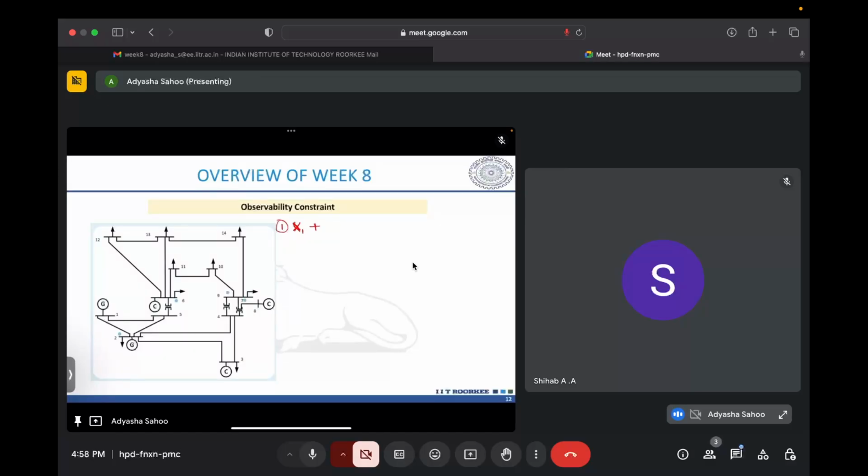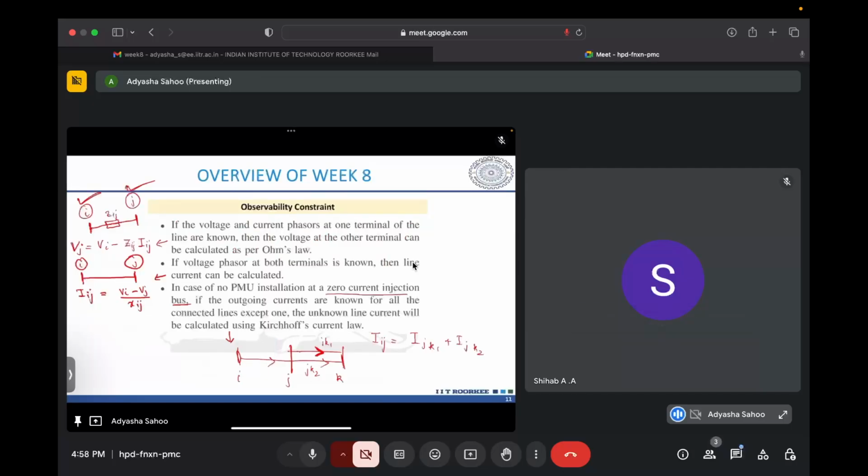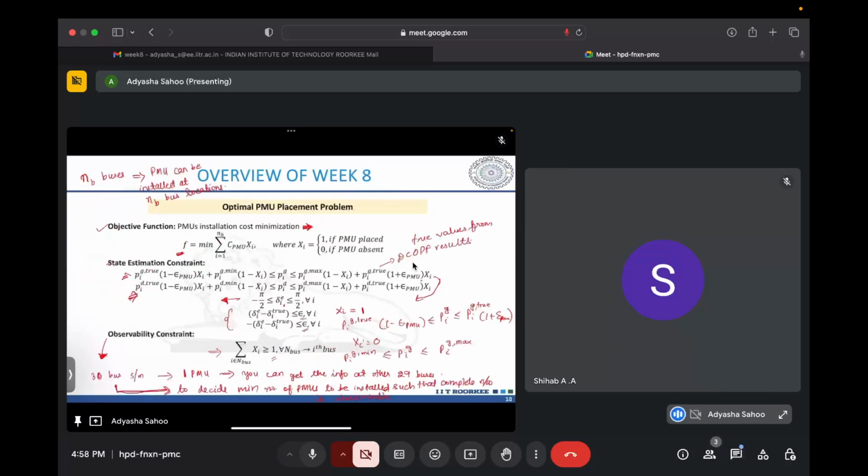You have two lines, that is your 1-2 and 1-5. So x1 plus x5 plus x2, that should be greater than equal to 1. So if you remember this constraint, it says for all the buses we will write that the summation of these xi's is greater than equal to 1.